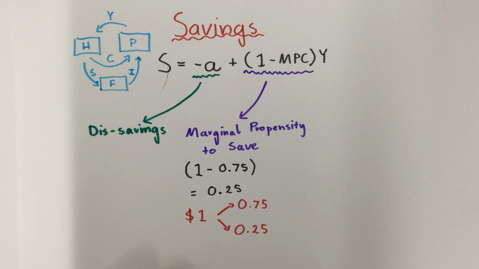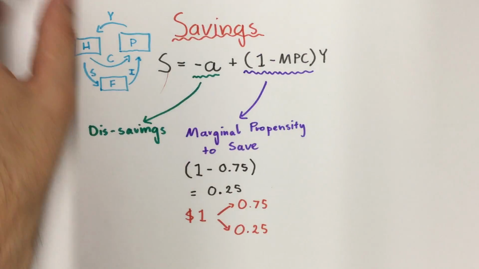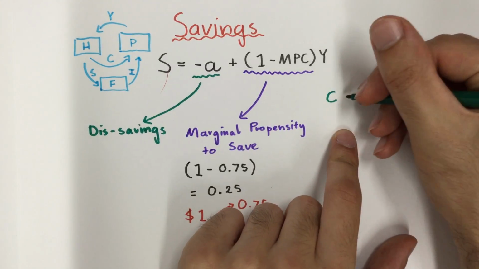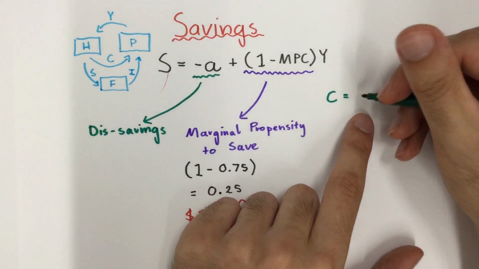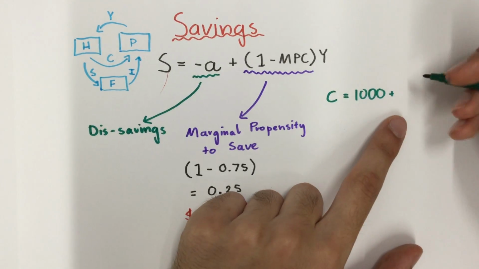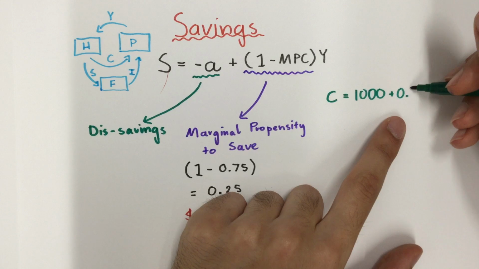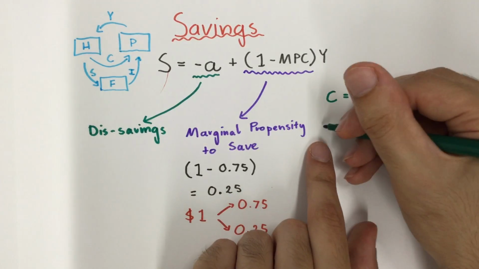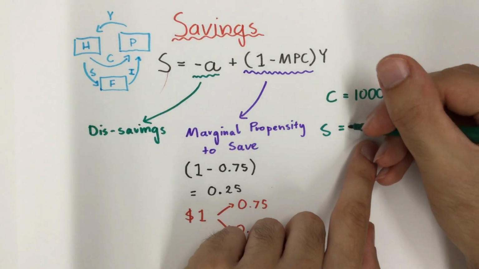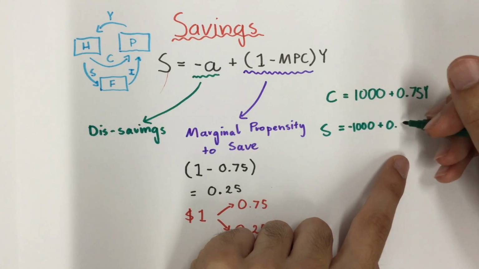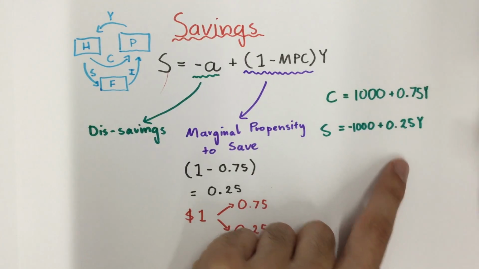Let's say, just for argument's sake, you started off with a consumption function which looked like consumption is equal to, I'm just making this up, 1,000 plus 0.75Y. Your savings function would then be minus 1,000 plus 0.25Y.